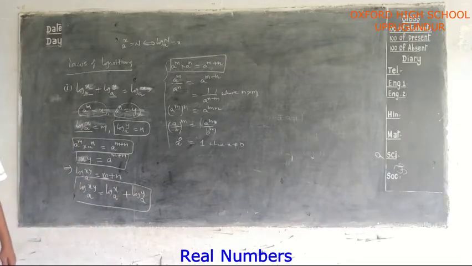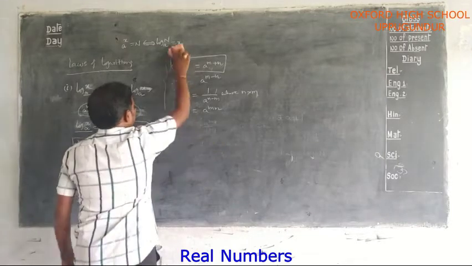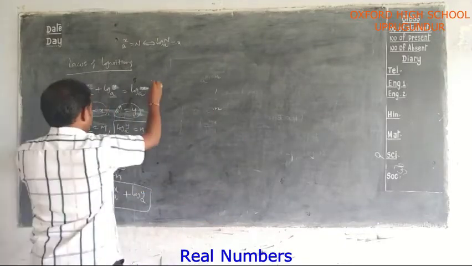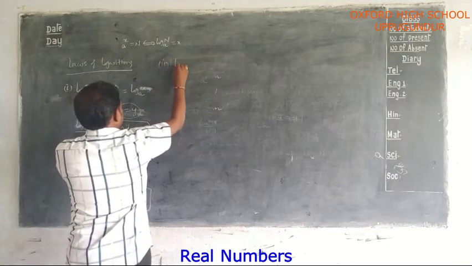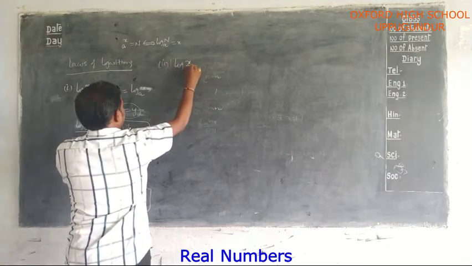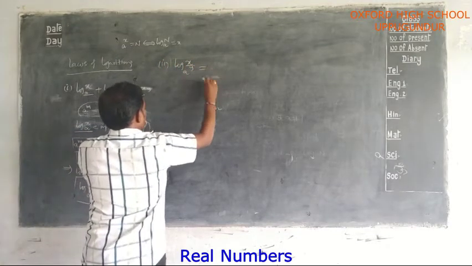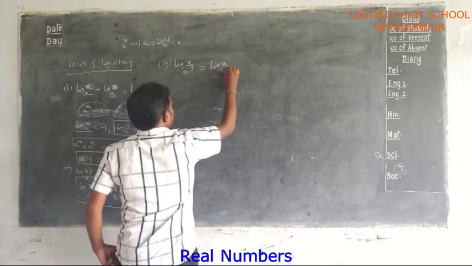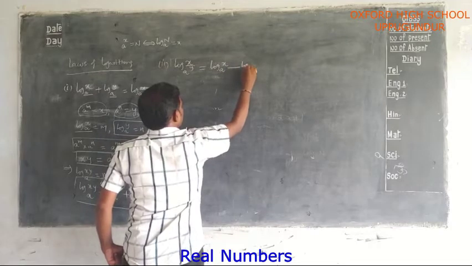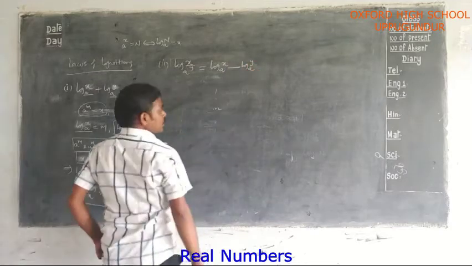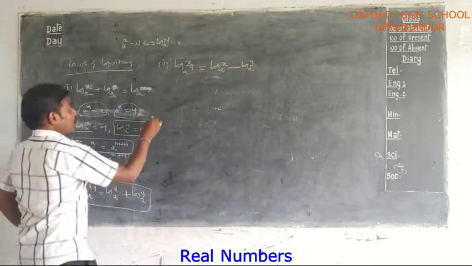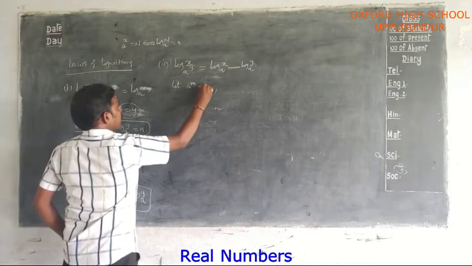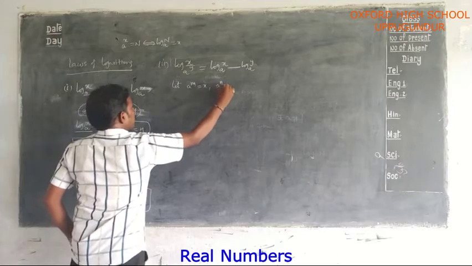Similarly we can write the remaining formulas also. Next, the second one: log x by y to the base a equal to log x to the base a minus log y to the base a. This one also you can prove in the same way. Assume a power m equal to x, a power n equal to y.